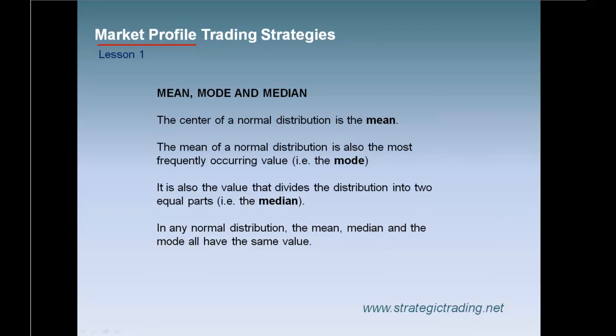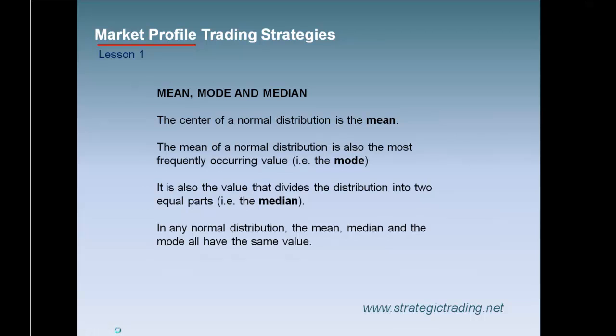It is also the value that divides the distribution into two equal parts, or the median. So now you know that in a normal distribution, the mean, the mode, and the median are all one and the same. They all have the same value.